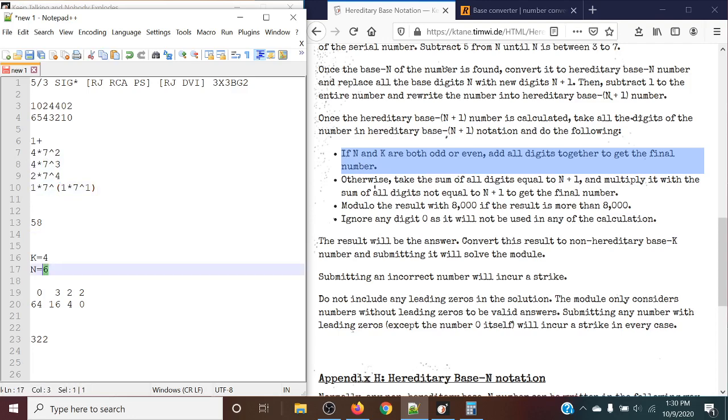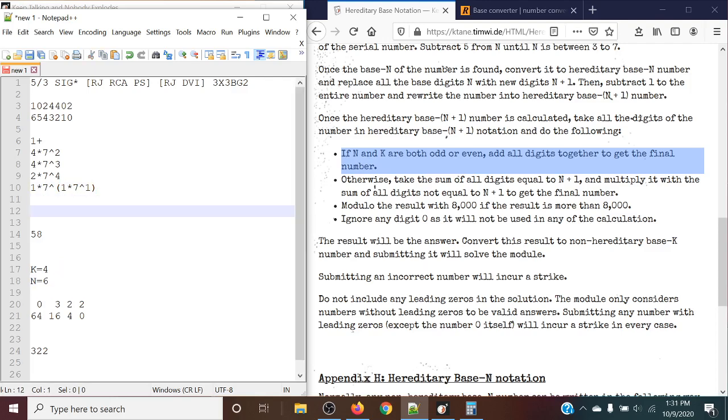If it happens to equal the same as the base that we had before, it couldn't have been 6 to the power of 6. So this is where the hereditary base notation came in. Because this essentially equals the same as 6 to the power of 6, because 6 to the power of 1 equals 6, and then 6 times 1 is 6. So it's essentially the same thing, but in a different form of writing.